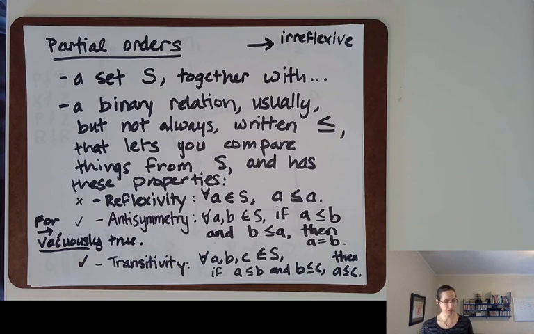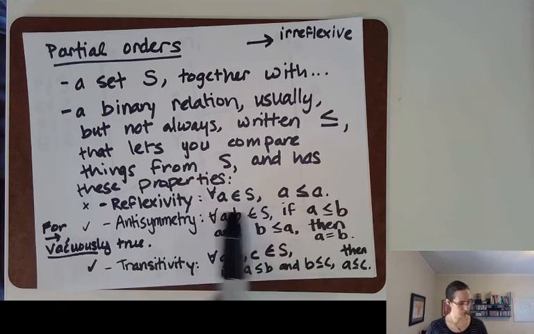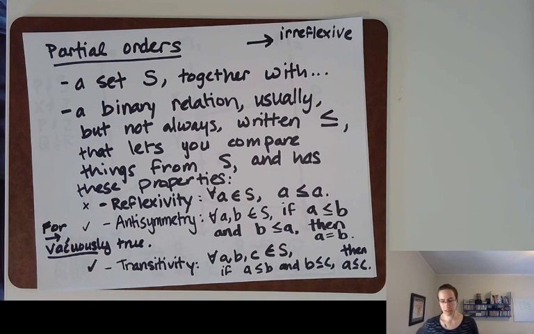But for reflexivity, that's not true, because for that to be true, it would need to be the case that given an event A, A happens before A. So that's really not true, because it's not clear what it would mean for an event to happen before itself.